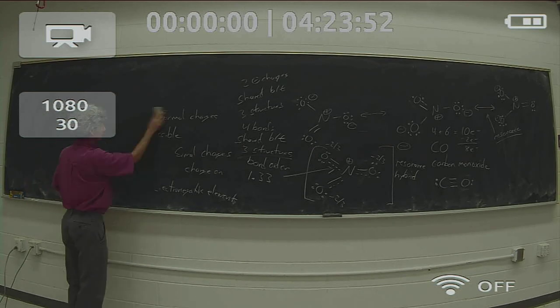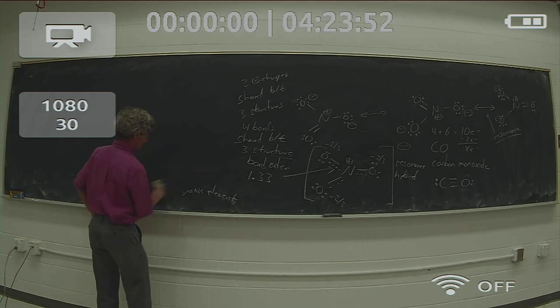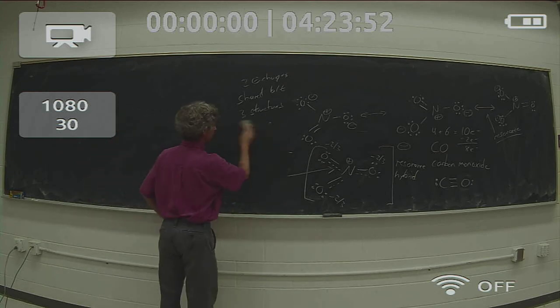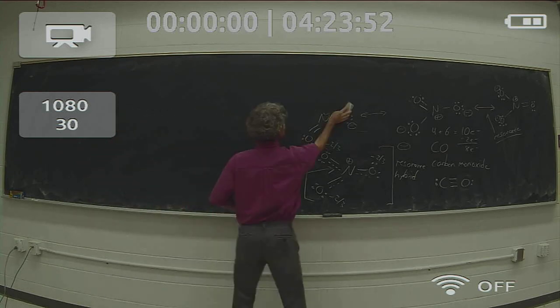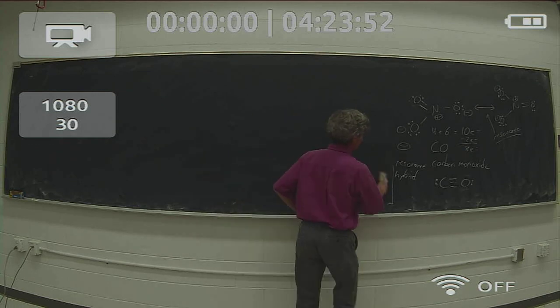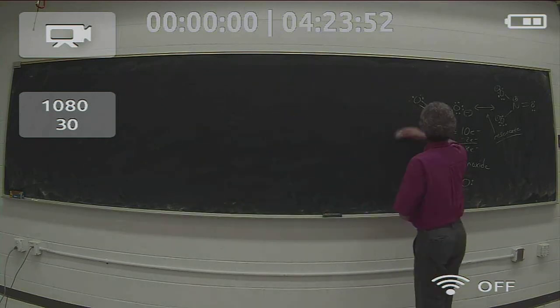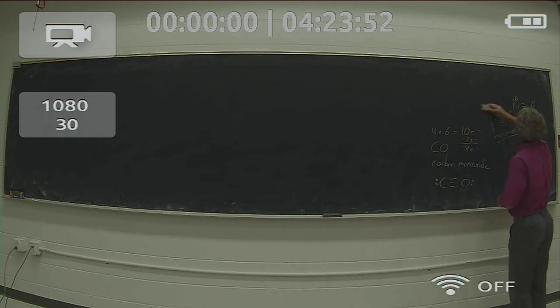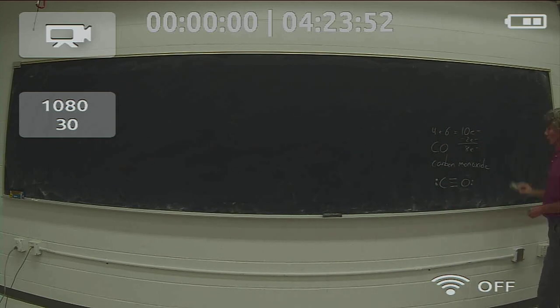So let's take a look at carbon monoxide. Carbon monoxide is an exception to the general rule that says that we want to put the formal minus charge on the more electronegative element.